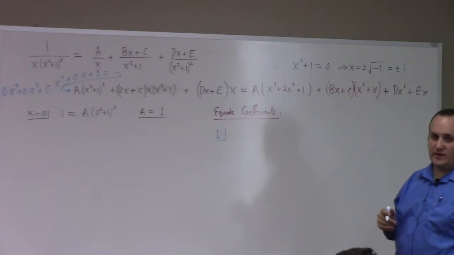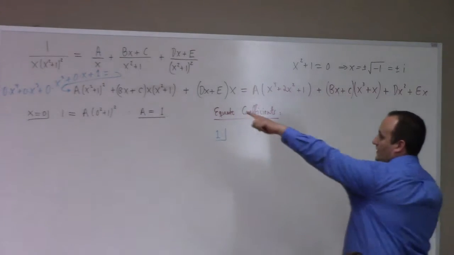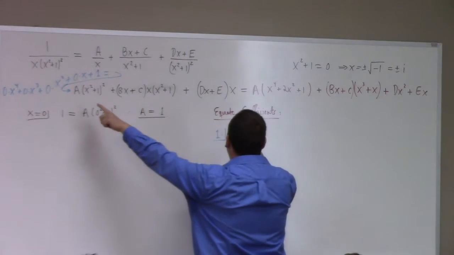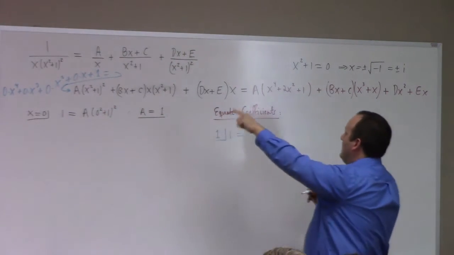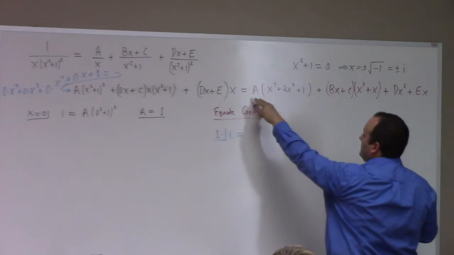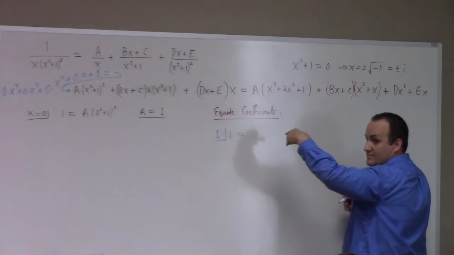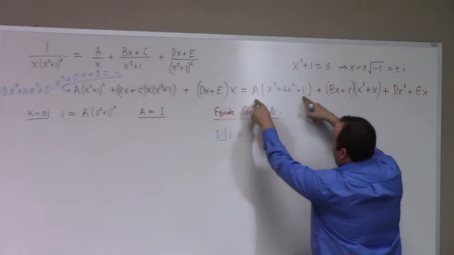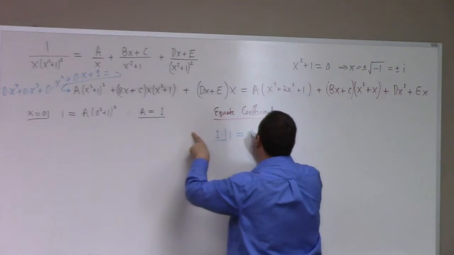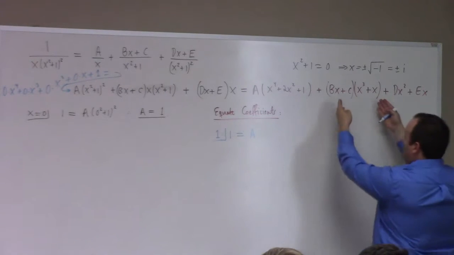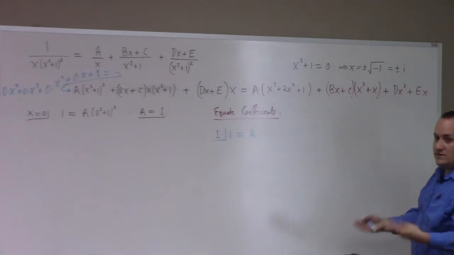This is going to be kind of disappointing, this constant term. On that side, I get 1, right? On this side, what's the constant term? Don't actually multiply it out. Just think about it. A, right? Is there any other way you can get a constant here? Nope, this has got x's, this has got x's. That's the only way you can get a constant.